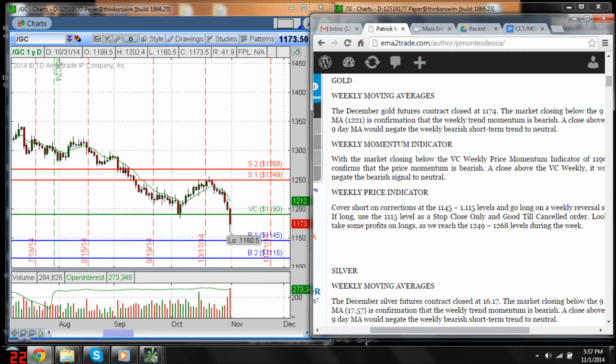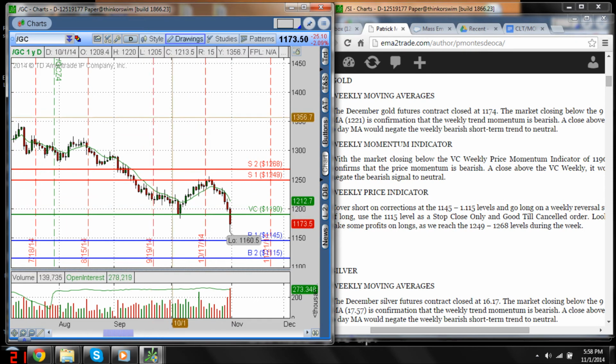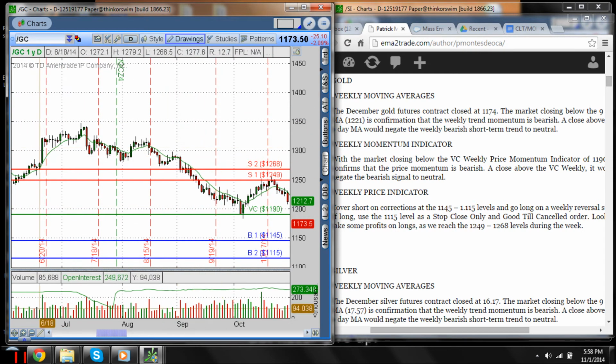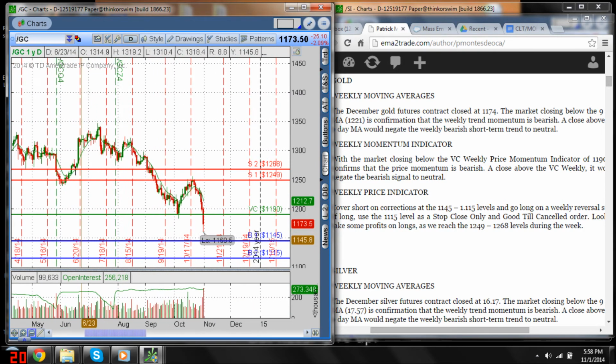Let's take a look at silver. But before we do that, I want to take a look at gold here for a minute and see how it relates to the trend lines that we can identify.